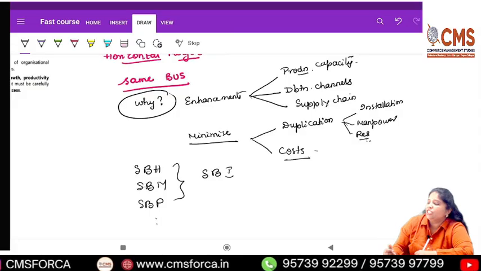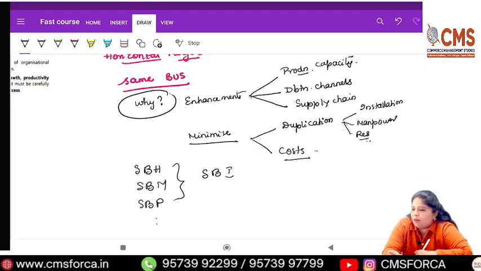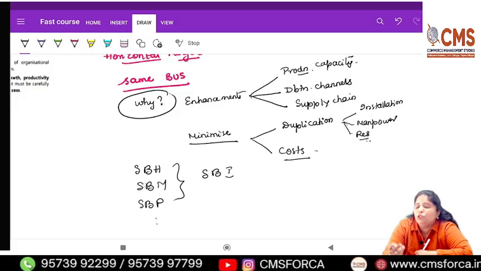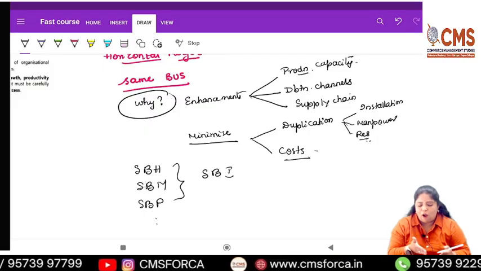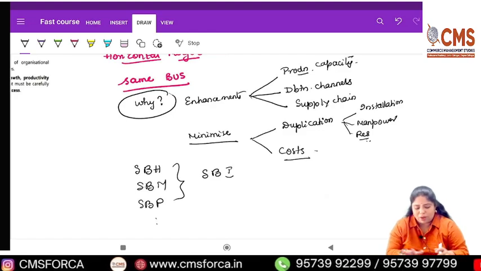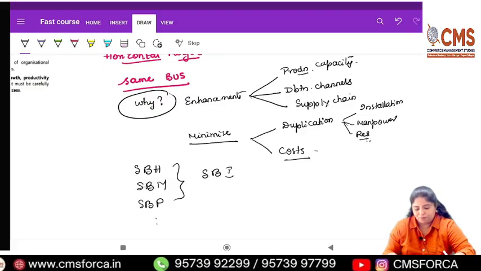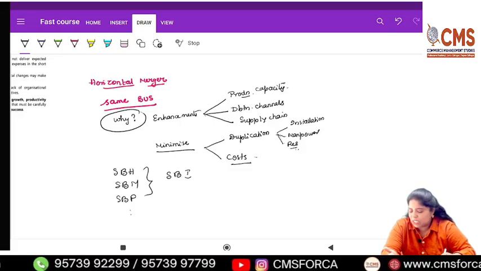Because of merging like this, their manpower, resource requirements and operational efficiency have improved, but duplication and costs have greatly reduced, and they can offer better banking services to their customers. So this is one best example you can quote for a horizontal merger. Shall we go ahead and proceed with the next concept?